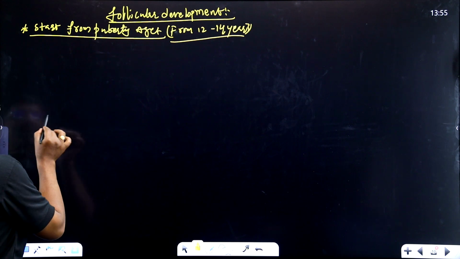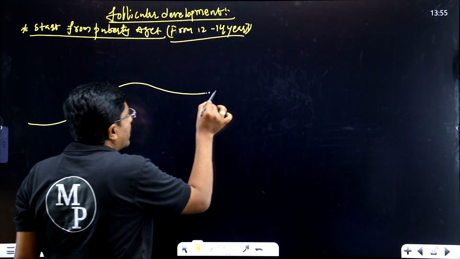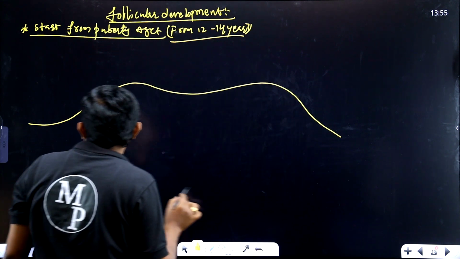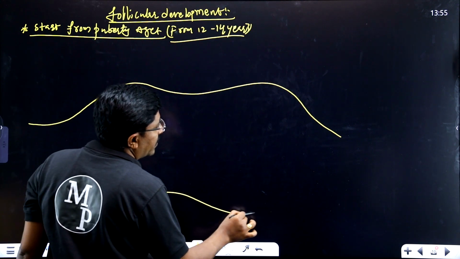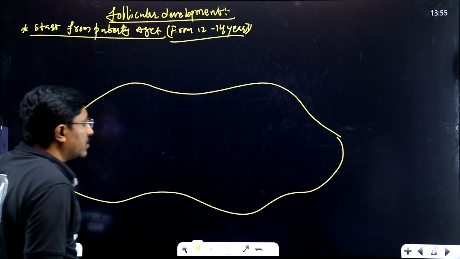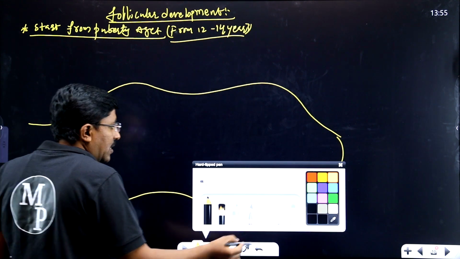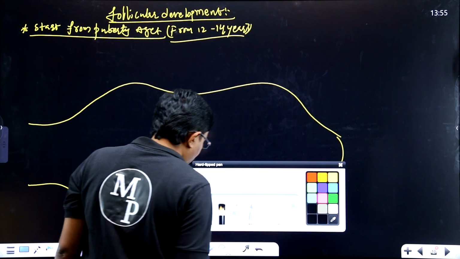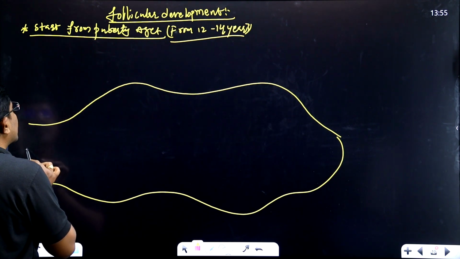See, once again I will draw the ovary. For easy understanding, I am drawing this ovary picture again. And where are the various stages of follicles found? Within the stromal cortex area.